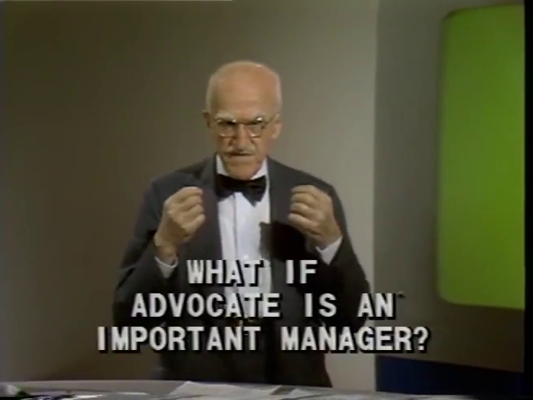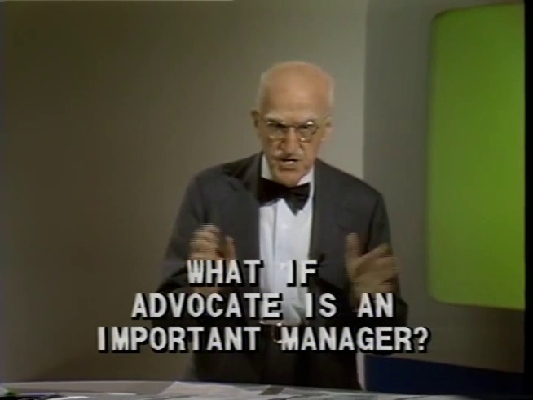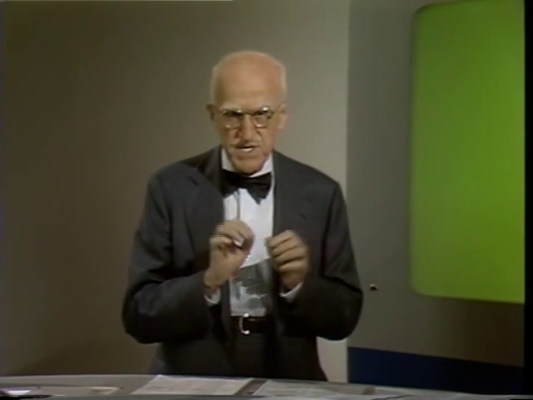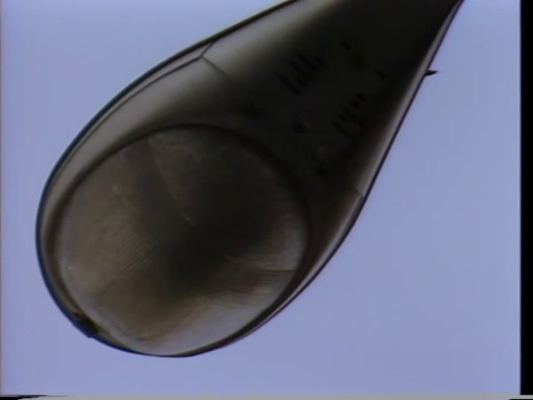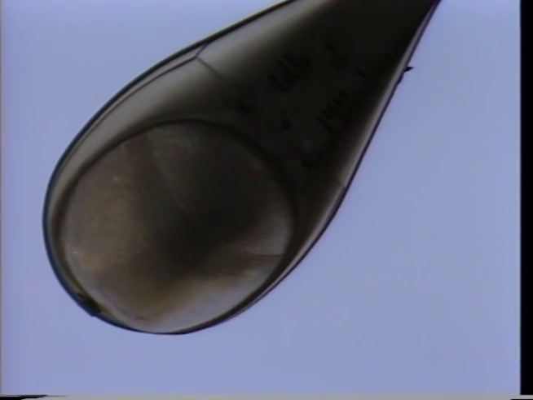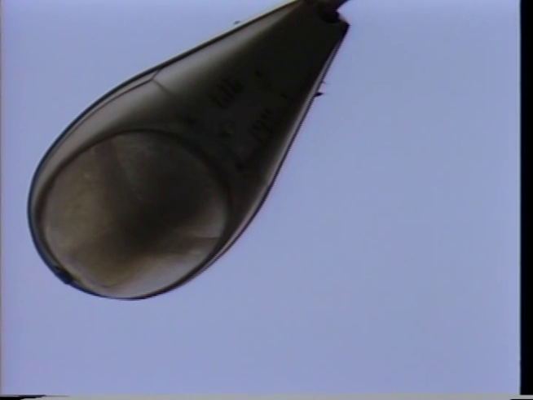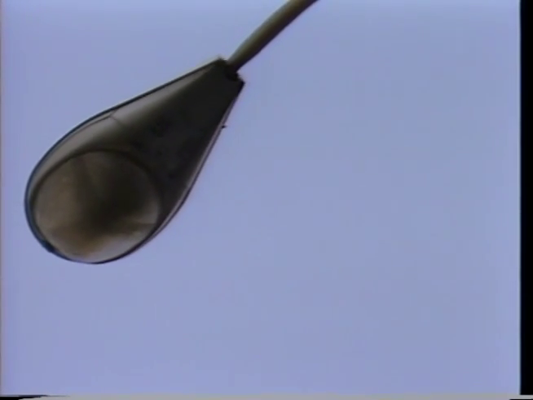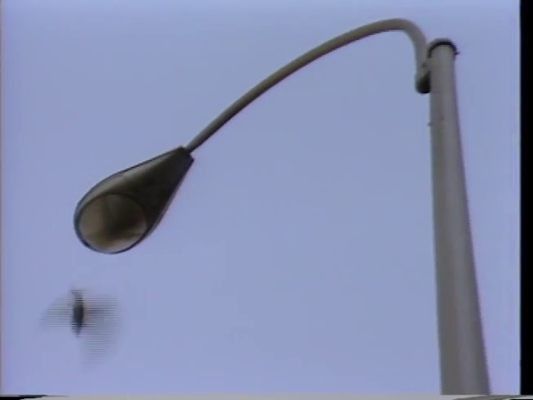Sometimes the advocate of perfectionism is some important manager. For example, in plastic molding of lenses for street lamps, some lenses exhibited black specks. These specks were inherent in the molding process. The lenses were clearly fit for use, since the street lamps hang 10 meters up in the air.